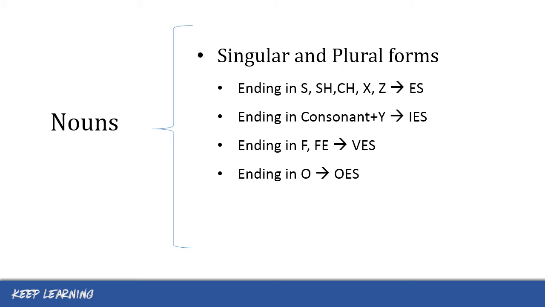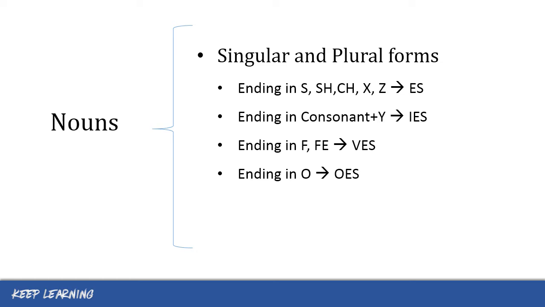Also, if you have a noun ending with a consonant and y, like party, the plural is parties, but you change the y and you write ies.